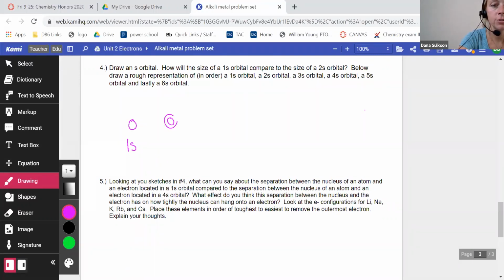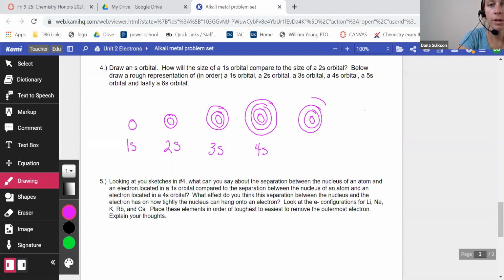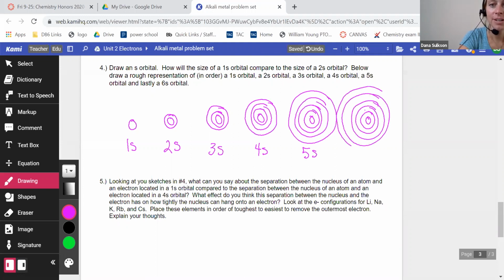So I have 2 energy levels, and then I have 3 energy levels, 4 energy levels, 5 energy levels, and 6 energy levels. Whew, there you go.